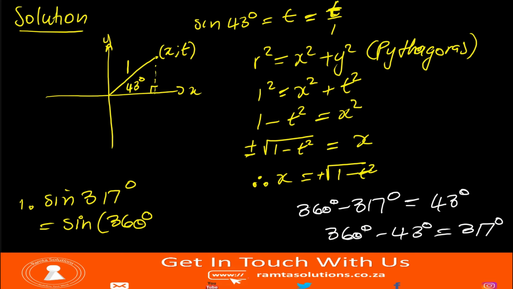Can you see that? Okay. So this is minus 43 degrees. Now that you have written this as a reduction formula, you ask yourself, in the fourth quadrant, meaning in the 360 minus quadrant, is sine positive or negative?